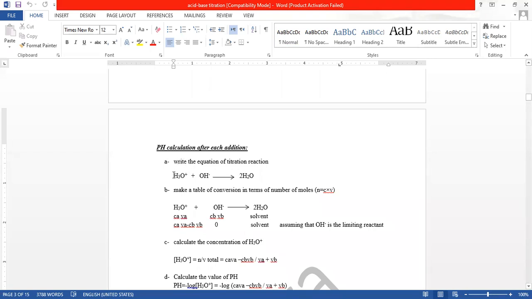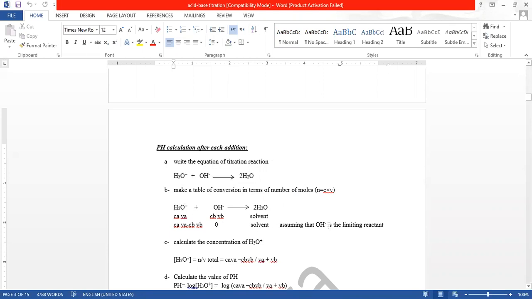First of all, you have to write the equation of the reaction to make a table of conversion in terms of number of moles, CAVA or CBVB, while water is the solvent, and the amount remaining of the excess reactant is the one that determines the pH. So how will we search for the excess reactant?